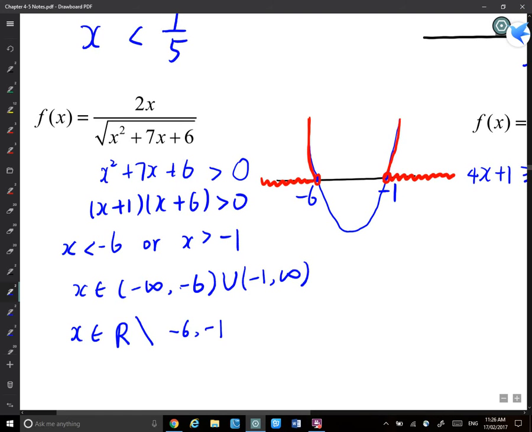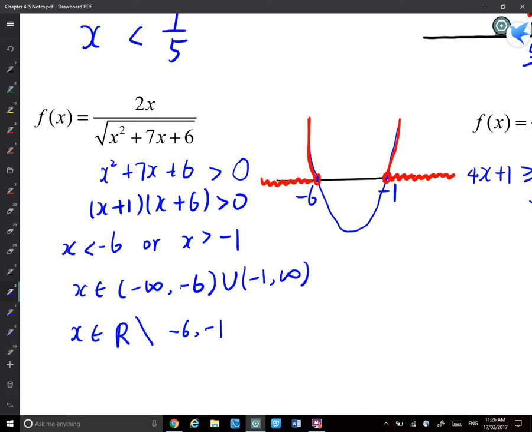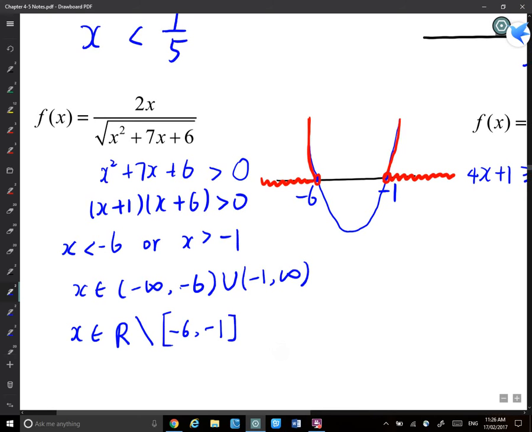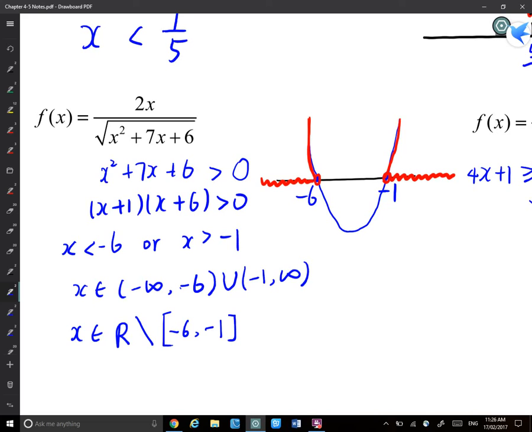But think about it: should we use a round bracket or a square bracket here? Square? Okay, square. It should be square because I need to exclude that out. So after the slash sign, it means I don't want what?